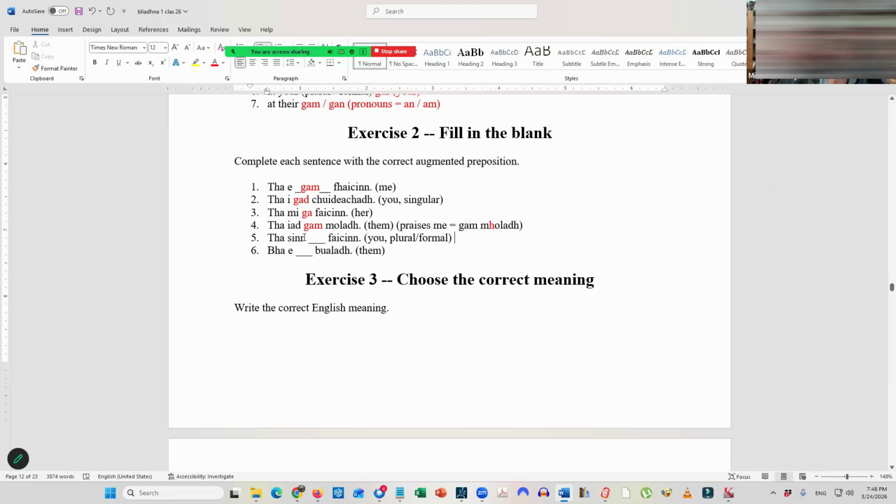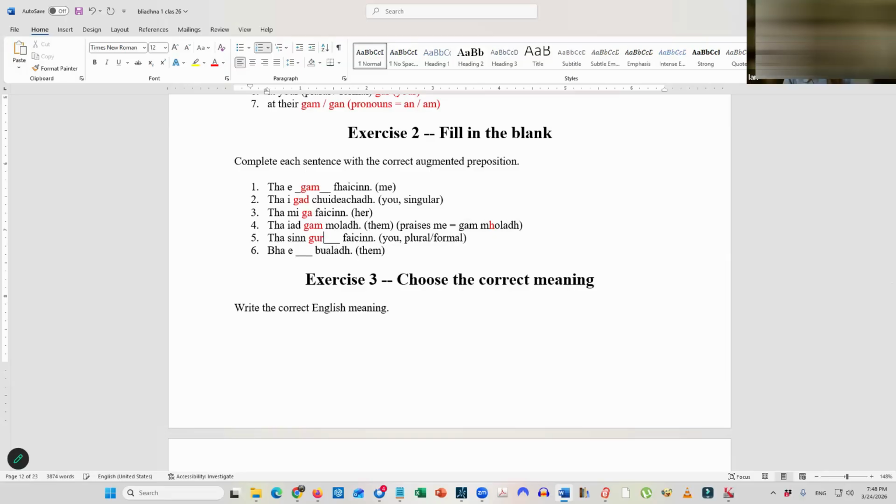All right. "He sees you," plural, formal, would be... would it just not lenite? I don't know. Yeah, "hashin gur fekin."